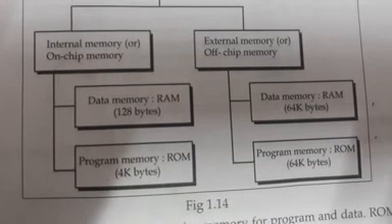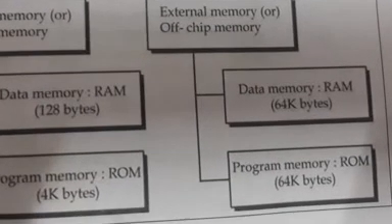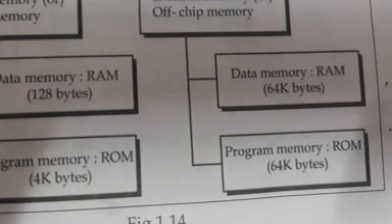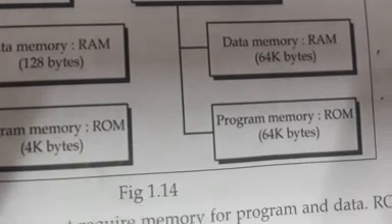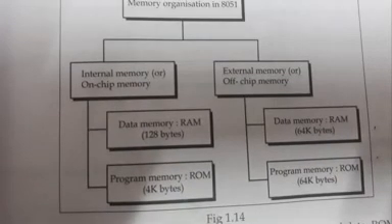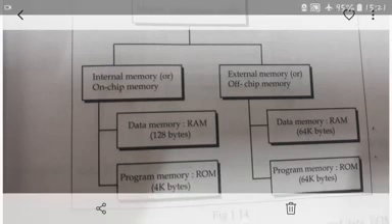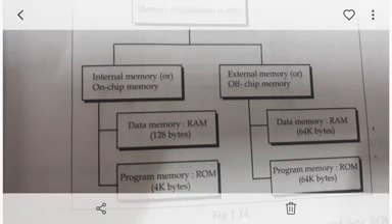Coming to external memory, the external RAM can address up to 64 kilobytes. ROM can also address up to 64 kilobytes. Is that fine? So internal RAM and ROM, external RAM and ROM. This is the memory organization of 8051. Now we'll see in detail about internal RAM.